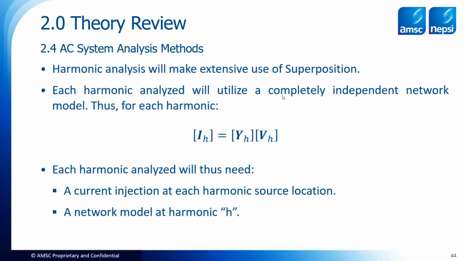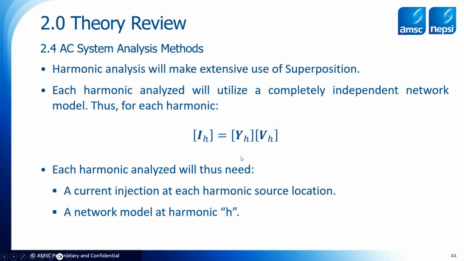Thus, for each harmonic, using Y bus in a nodal method, the current vector at each harmonic is equal to Y at that harmonic times V at that harmonic. And so for each harmonic that we analyze, that's the reason why we need a current injection at each harmonic source location. So we have to have a full table of them and a network model at every harmonic h.